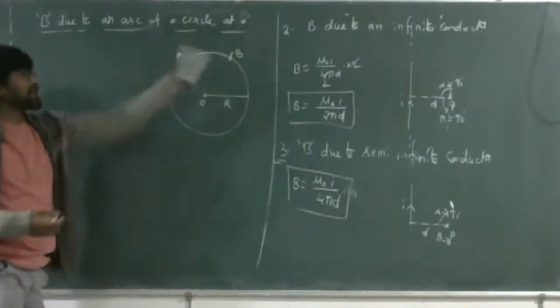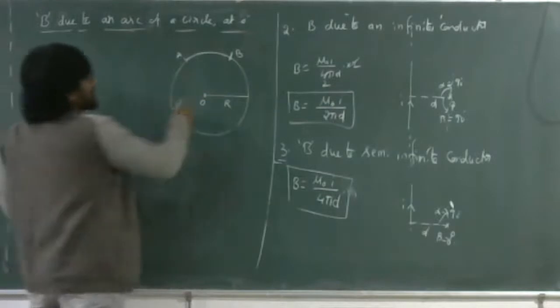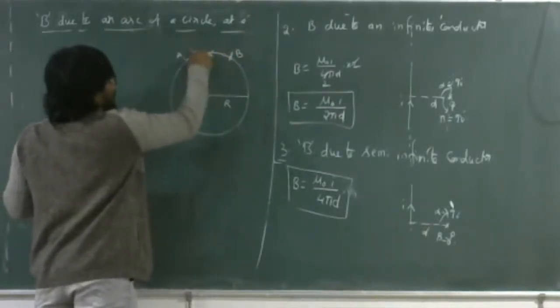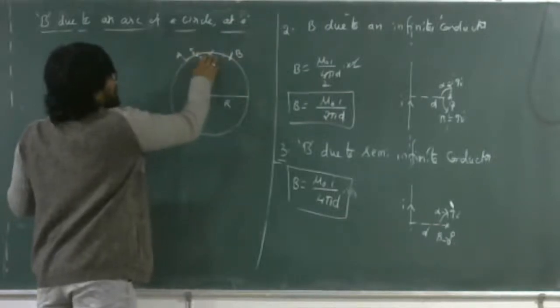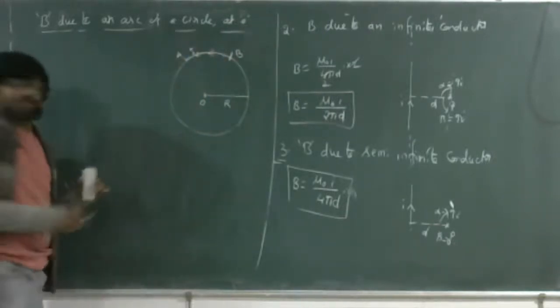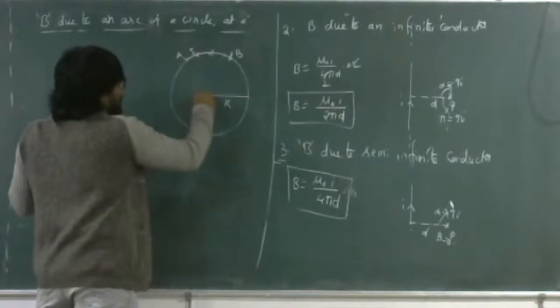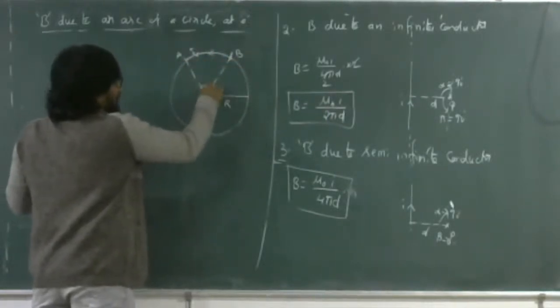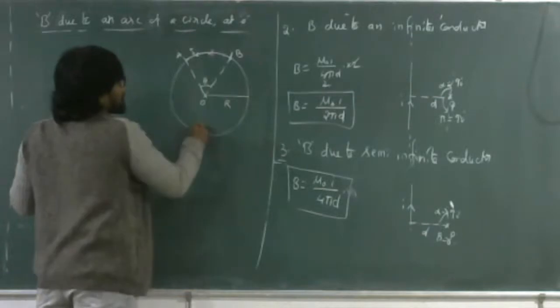In this, current I is flowing from B to A. To find the magnetic field here, it is also given that this arc is subtending an angle theta at the center, and it has radius r.